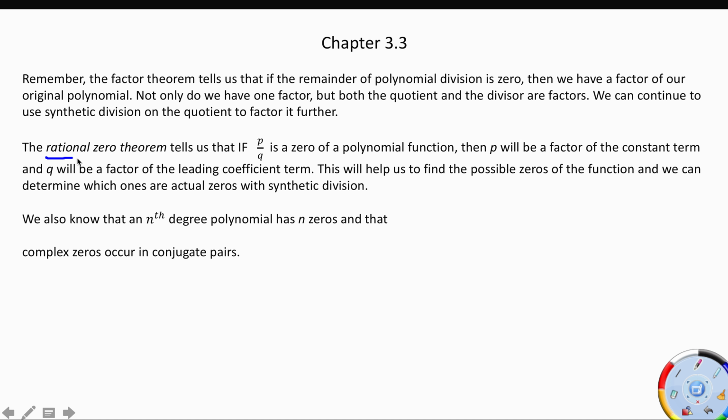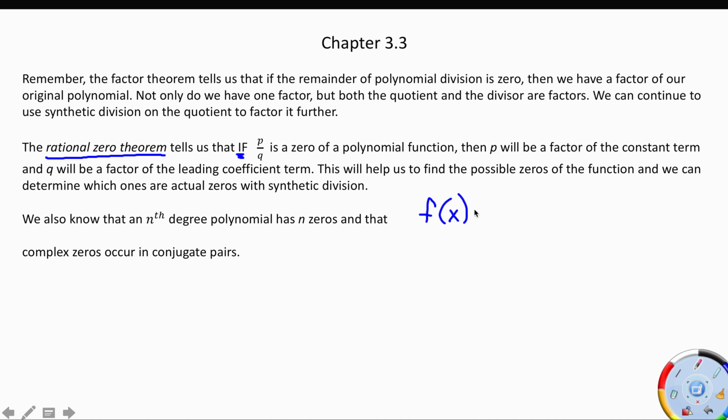The rational zero theorem tells us that if P over Q is a zero, so if a rational zero exists, then P will be a factor of the constant term and Q will be a factor of the leading coefficient term.